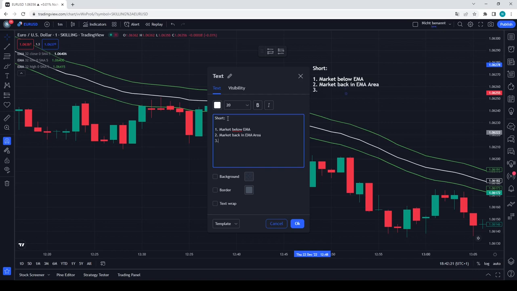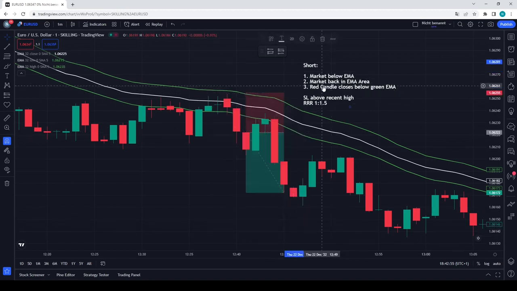The third one is that a red candle closes below the green EMA. These are our entering rules. The stop loss is right above the recent high, and the risk reward ratio is 1 to 1.5. So these are the rules for a short trade.